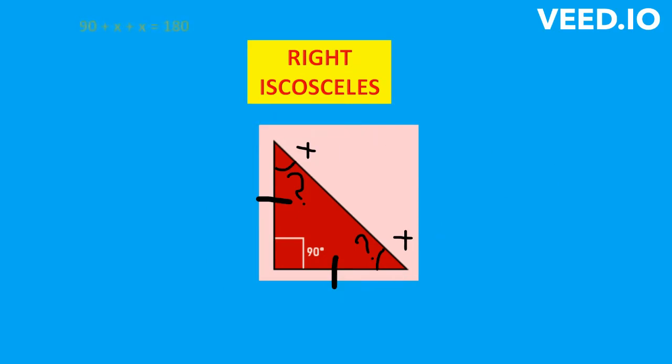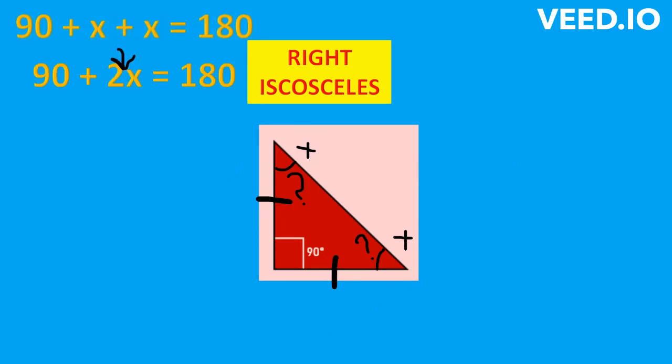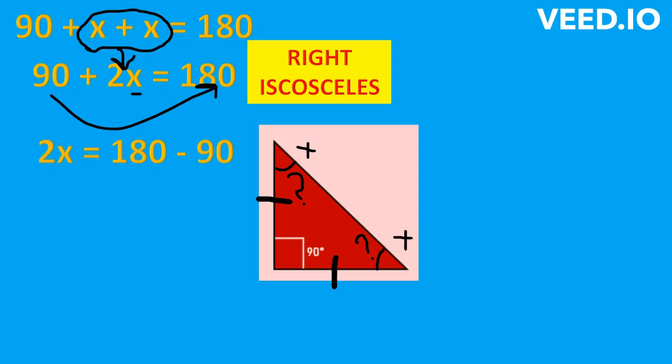So, 90 plus x plus x makes 180, which means 90 plus 2x is 180. Now we want x here. Let's take 90 to the other side. Plus 90 goes to the other side and becomes minus 90. So 2x is 90, which means x is 45.